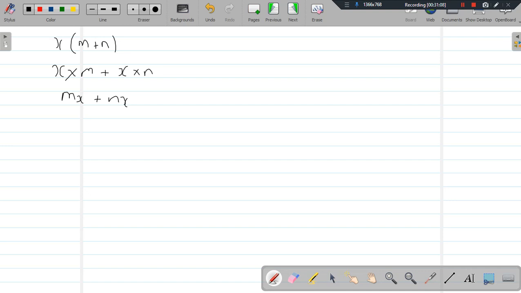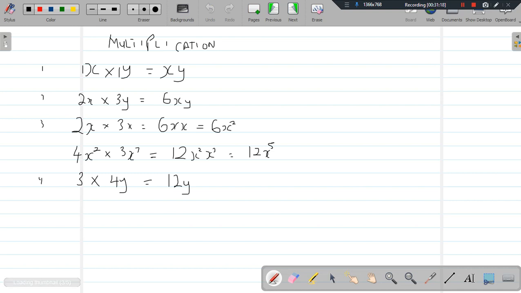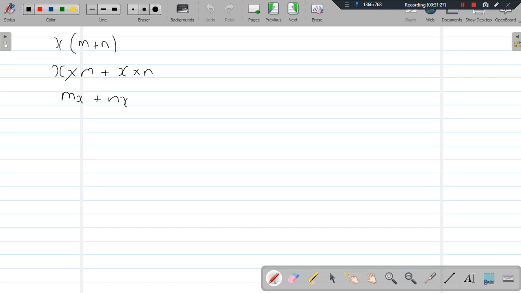Very simple. So the difference between this and what we did is, this is like a double of the first type we talked about. We had x times y, which gave xy. Now we are saying that when x is outside a bracket and is multiplying two terms forming an expression in a bracket, then this x will multiply the first term, and the same x will multiply the second term.